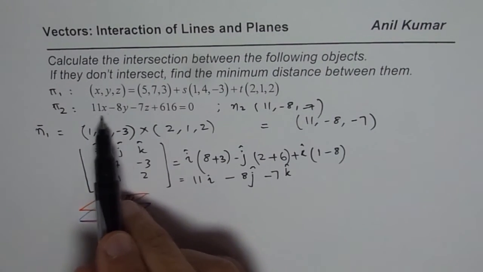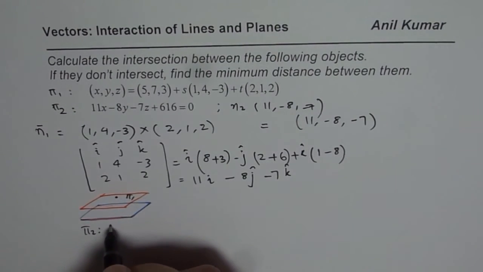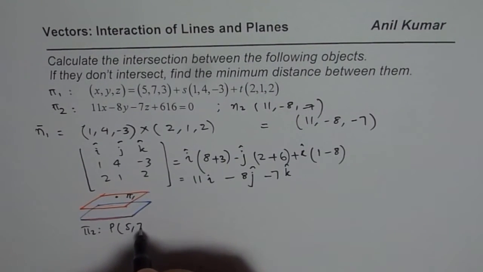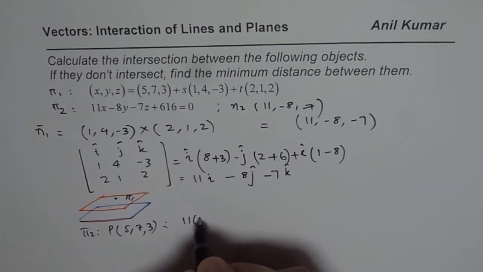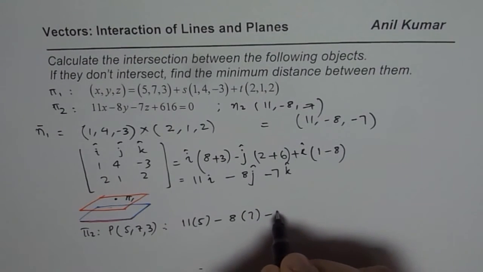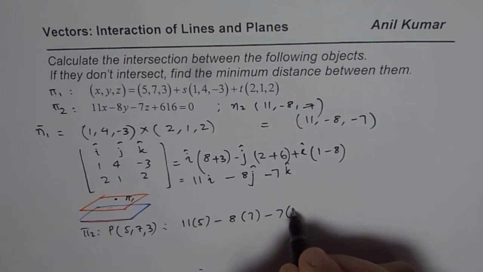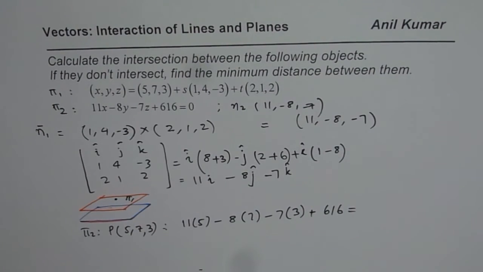So we'll substitute (5, 7, 3) for x, y, z on the pi 2 plane. So we get 11 times 5 minus 8 times 7 minus 7 times 3 plus 616 equals, let's find what this is equal to.